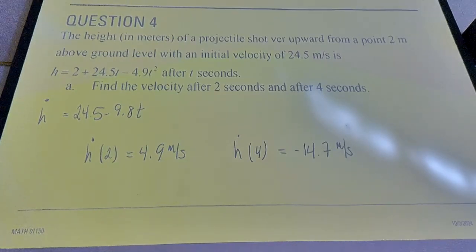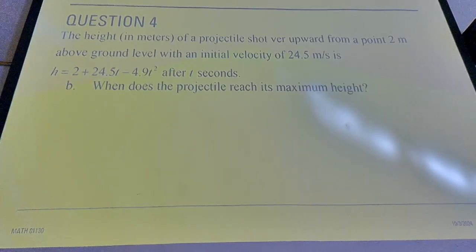When does the projectile reach its maximum height? That's when velocity is zero. Careful. The first time velocity is zero is theoretically at the start, before it's launched, and that's not its maximum height.